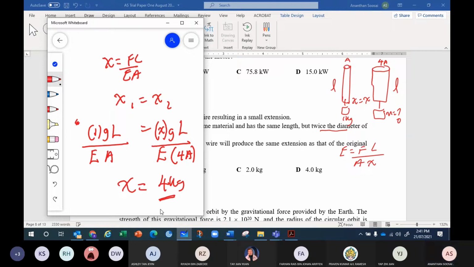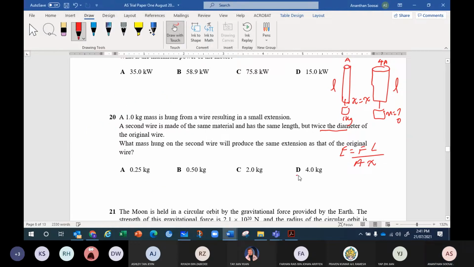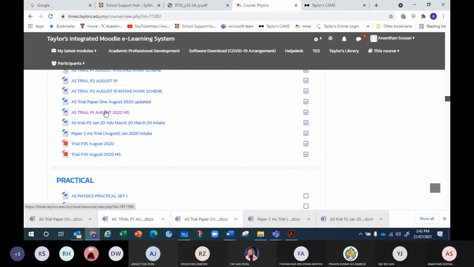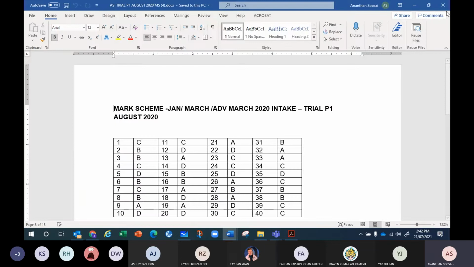Correct. Is it D, the answer? Ria, is it D? I didn't check the answer. Okay, check for me. What's the answer? The answer is D.